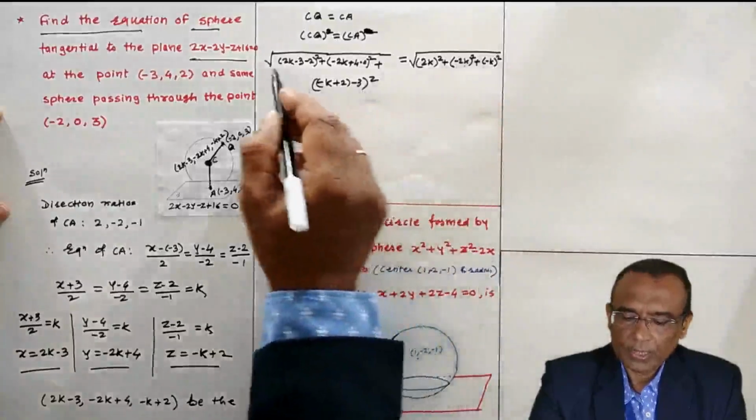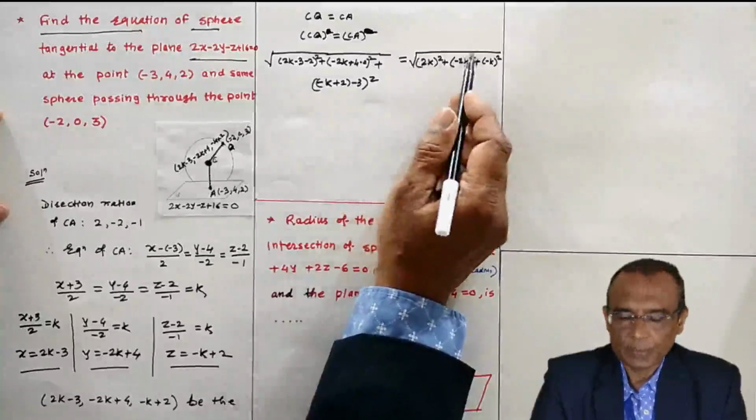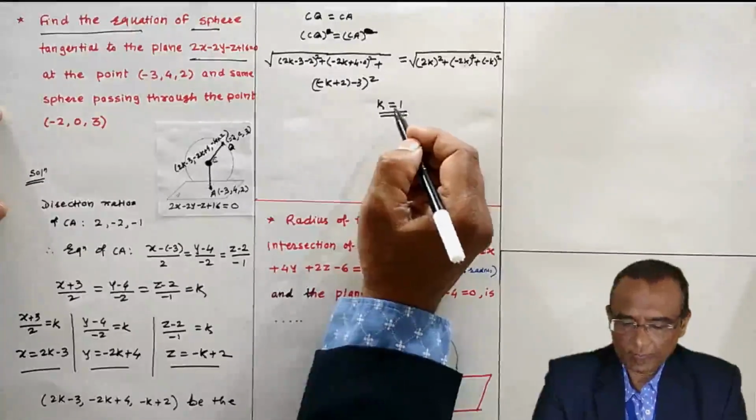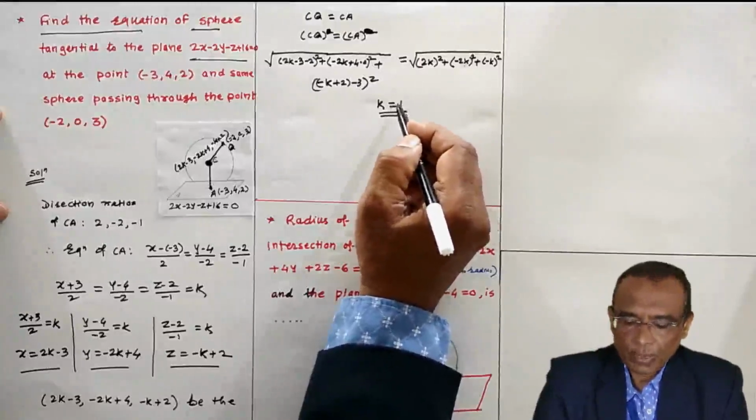Now you can square both sides. The root will disappear and you can find the value of k. The value of k is 1. And once you get the value of k, put the value of k here.